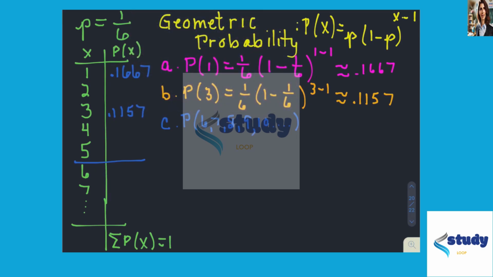So the probability of winning on the second purchase would be 1/6 times the quantity of 1 minus 1/6 raised to the 2 minus 1 power, which is approximately 0.1389. And we can fill that in.